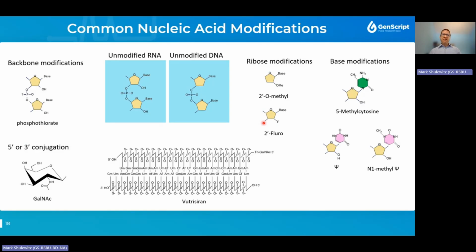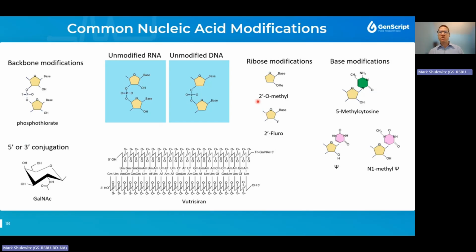Some of the common modifications to help stabilize nucleic acids are shown here, and these include modifying the phosphate backbone, the ribose sugars, as well as using modified bases. So this figure shows as reference unmodified RNA or unmodified DNA. One of the common modifications is to replace the phosphate backbone with a phosphorothioate. In addition, the ribose sugars can also be replaced with modified versions.